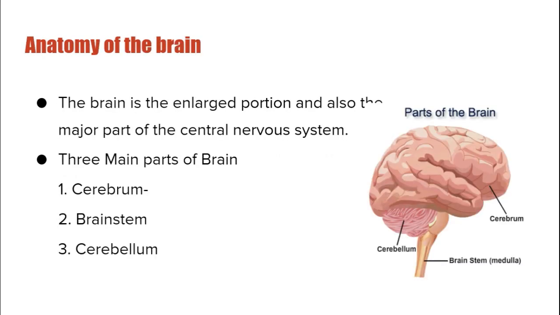So let's move on to the anatomy of the brain. The brain is the biggest part of the central nervous system, and in this case we are mainly taking three main divisions of the brain: the cerebrum, which is the upper hemispherical part, the brainstem, which connects the brain to the spinal cord, and the cerebellum, which is part of the hindbrain.